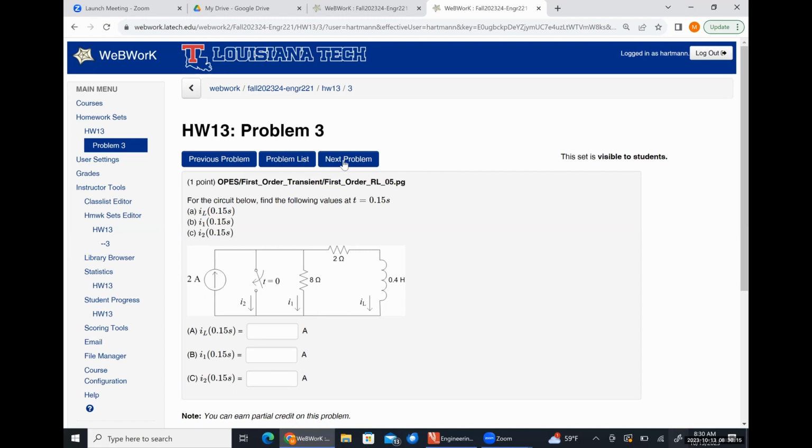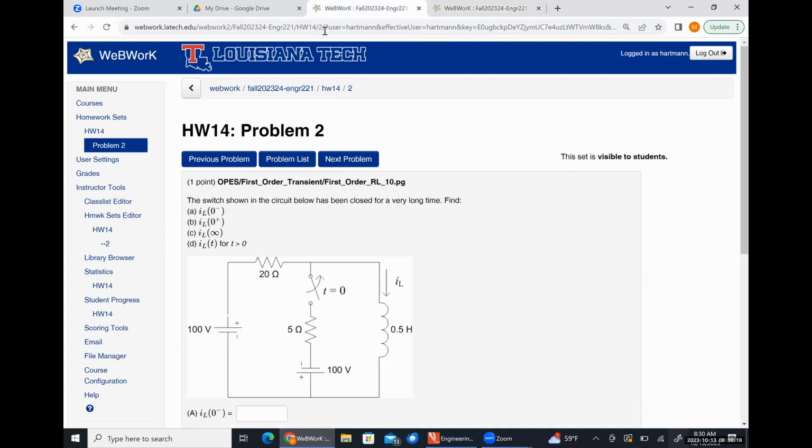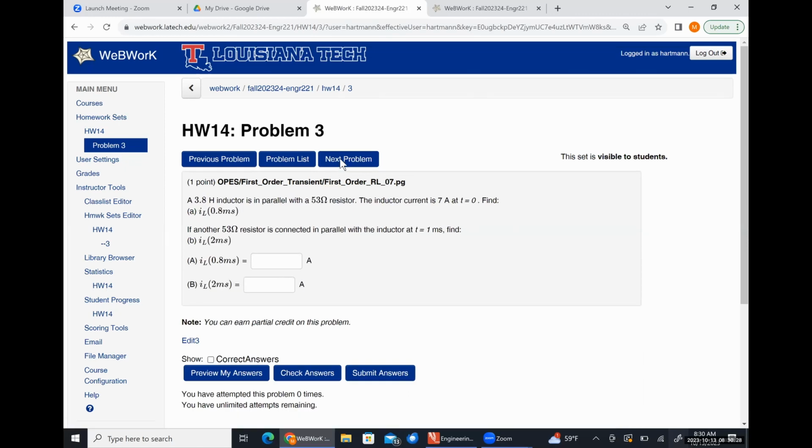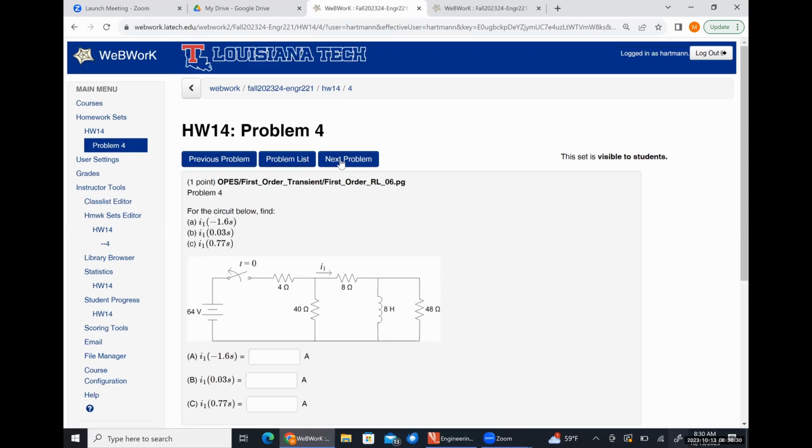All right, so let's go back to this WebWork set. Let's find something that looks difficult-ish. This is a natural response problem.